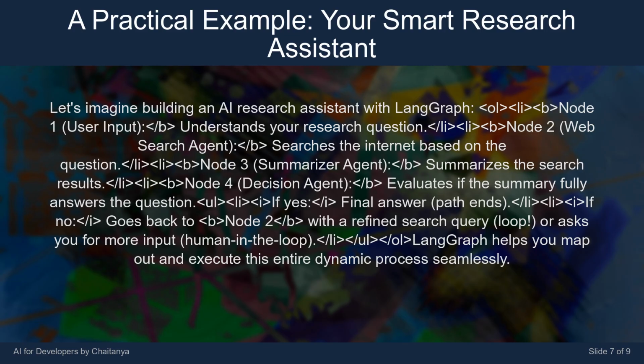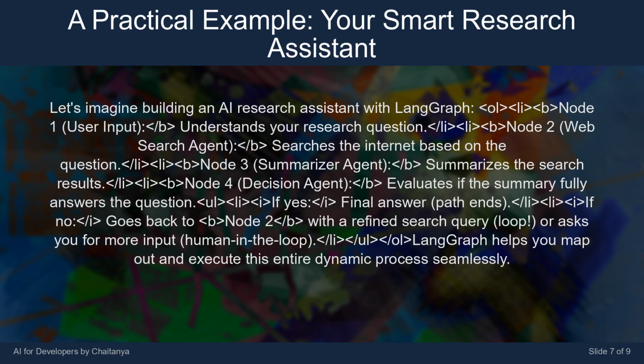Node 3, summarizer agent: summarizes the search results. Node 4, decision agent: evaluates if the summary fully answers the question.